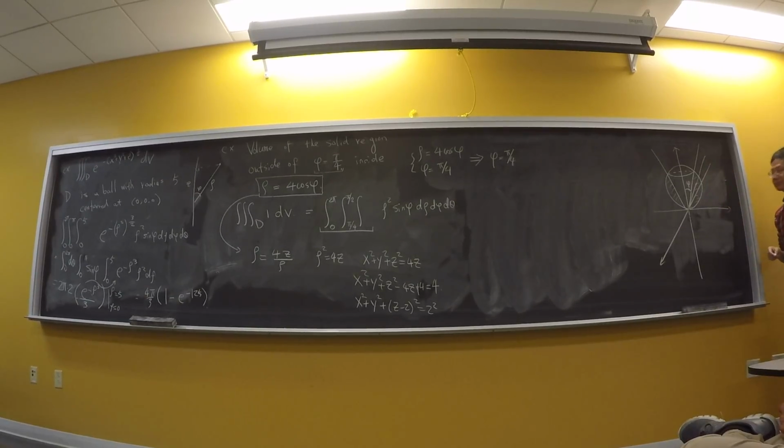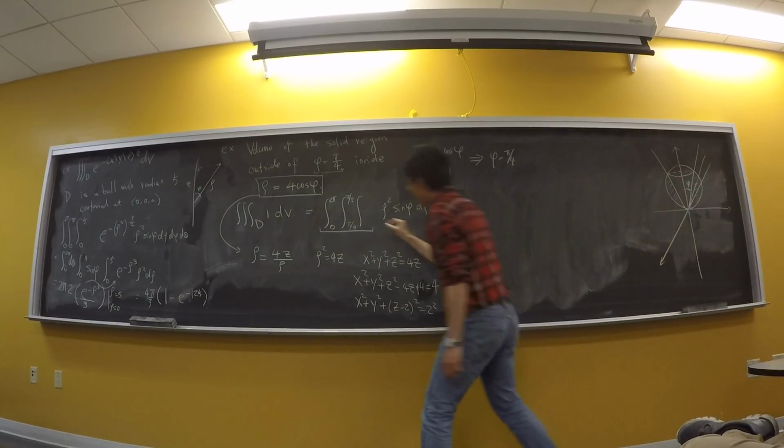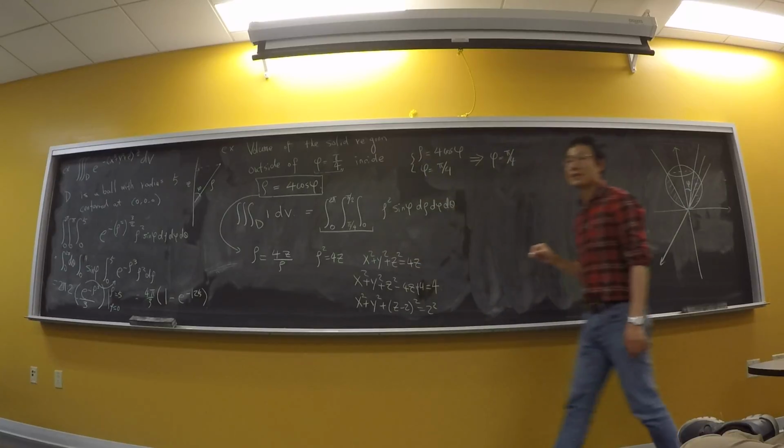And then I need to look at the longest distance and shortest distance in every ray. If I fix a ray at a given angle phi, the shortest distance is going to be 0, starting from the origin. But think of the longest distance you can form.